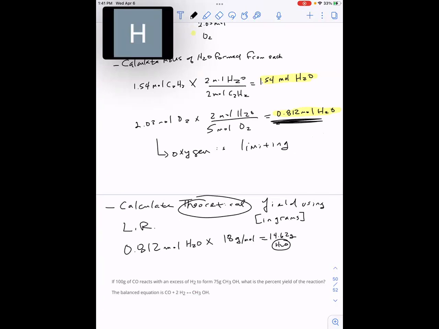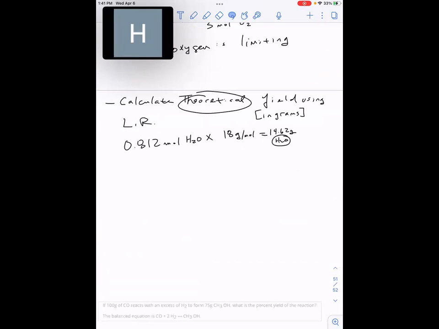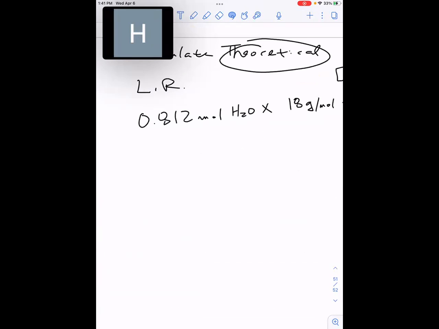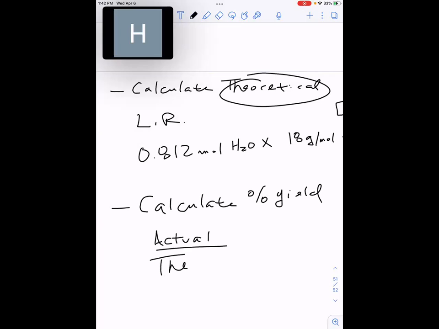All right. So now let's answer the final part of that question, which says to calculate the percent yield. Which is actual over theoretical times 100.